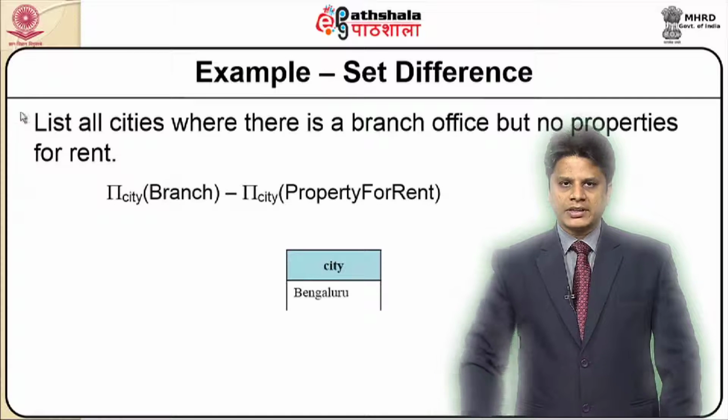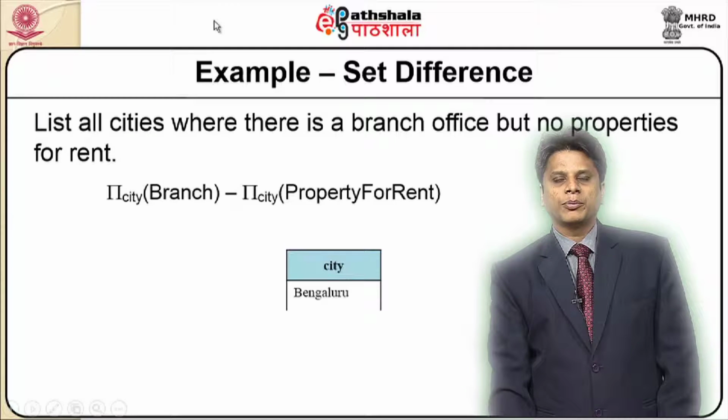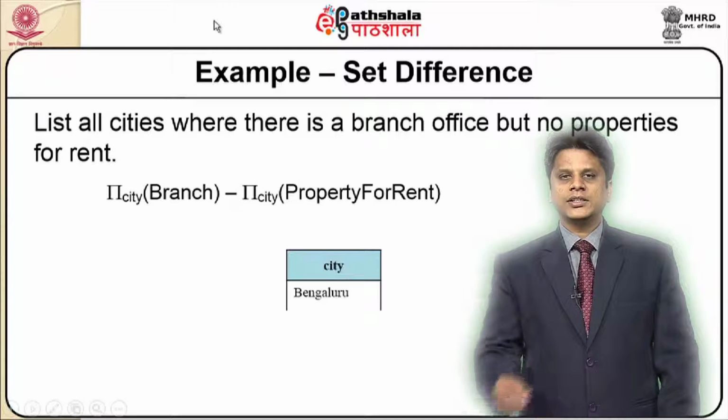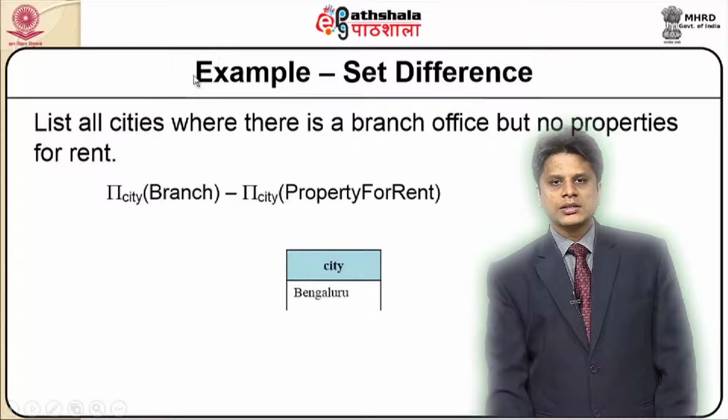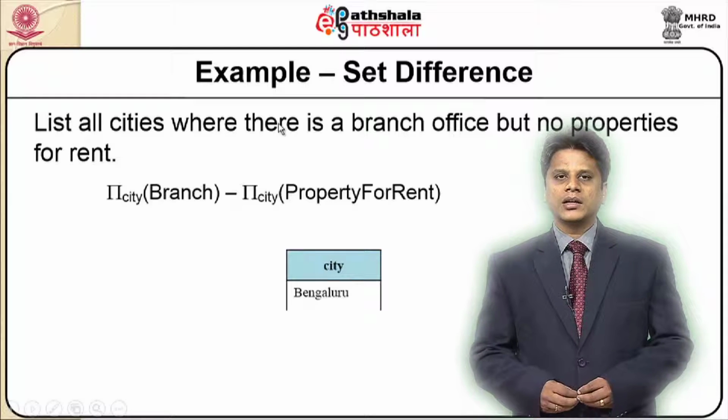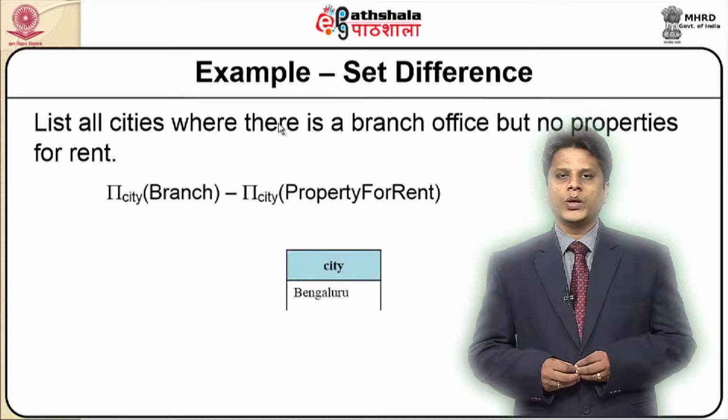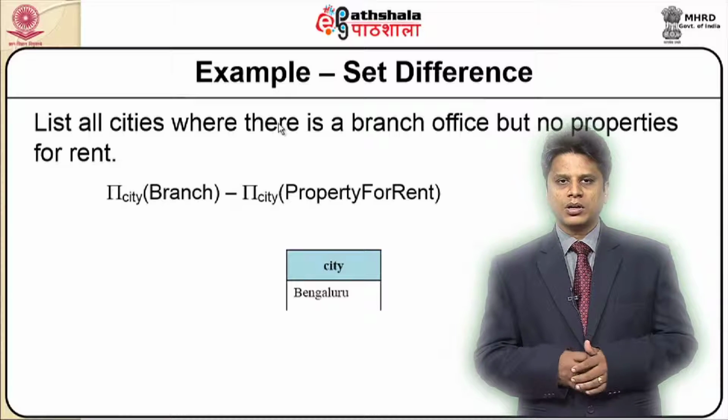For an example of set difference, I am slightly changing the previous example: list all cities where there is a branch office but no properties for rent. So I have to highlight a particular city where there should be a branch office and there should not be any property that is available for rent.